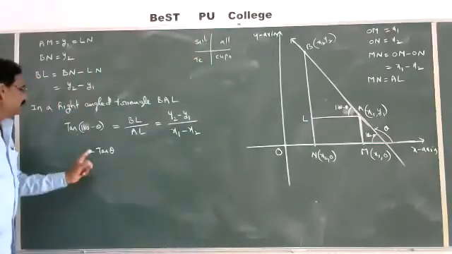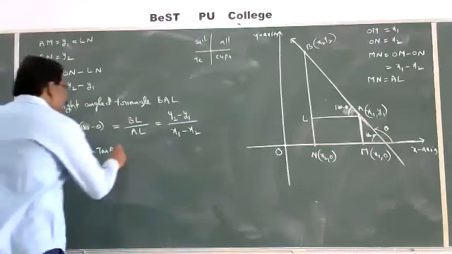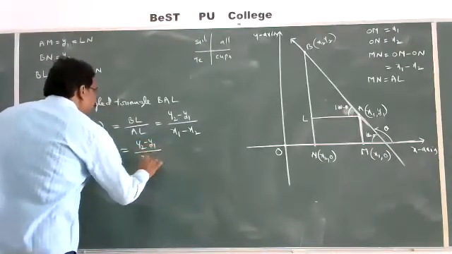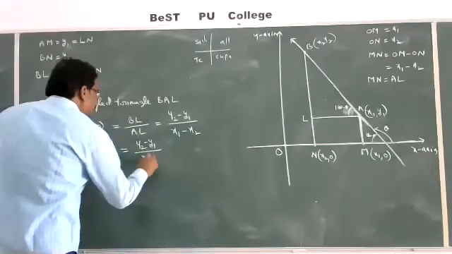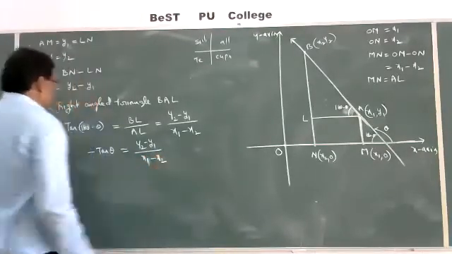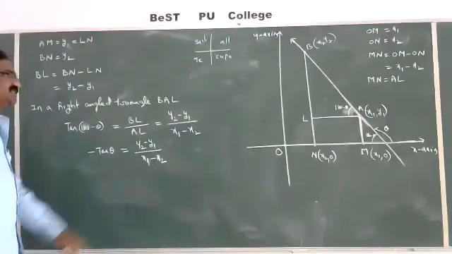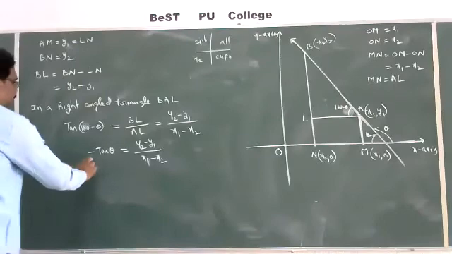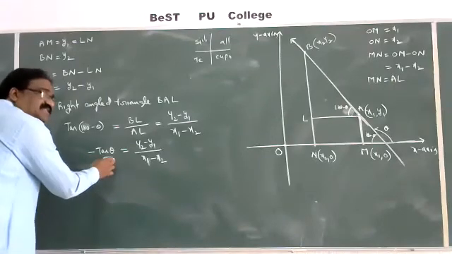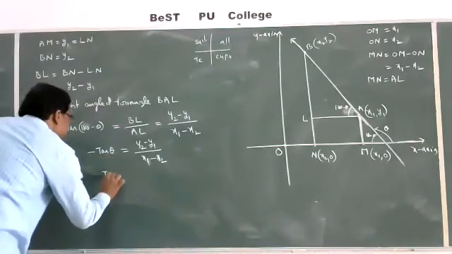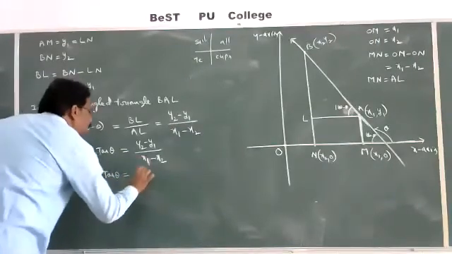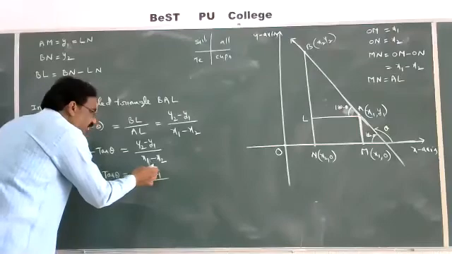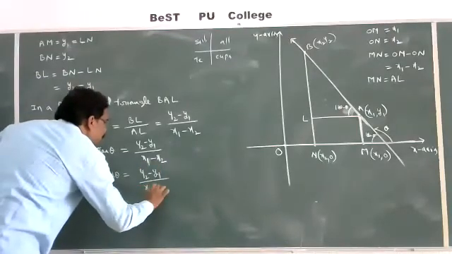That's why you get minus tan theta is equal to y2 minus y1 by x1 minus x2. Multiplying both sides with minus, minus of minus is plus, so tan theta is equal to y2 minus y1 by minus multiplied in the denominator.